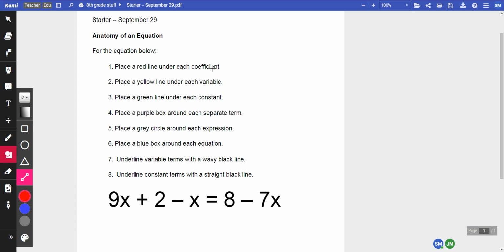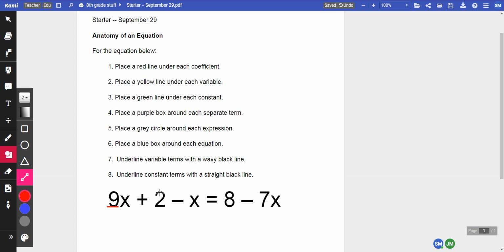Now coefficient. I remember what this means because of this part right here, which means with. The coefficient is the number with the variable, the number in front of the variable. So variables are letters, so x is the variable, so 9 is the coefficient.